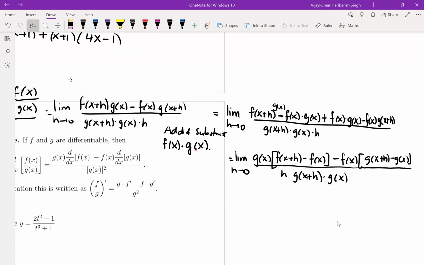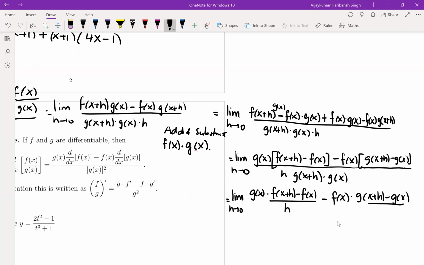Now what we can do is limit as h goes to 0, g of x times f of x plus h minus f of x over h, minus f of x times g of x plus h minus g of x over h, the whole divided by g of x plus h times g of x.